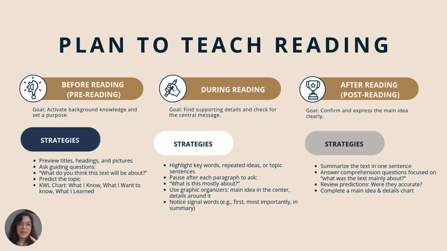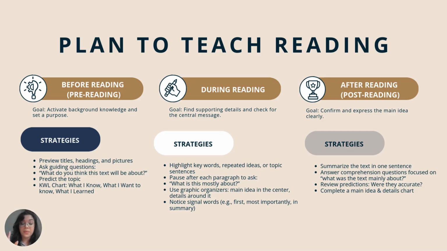Now, this is the slide that I showed you to teach the three stages of reading, but I need to focus on the strategies part. What do I mean by strategies? By strategies, I mean specific things that you can do in your lesson plans, in your classes to teach reading for each one of the stages. So, for example, for the before reading, we have strategies suggested here. For example, preview titles, headings, and pictures.